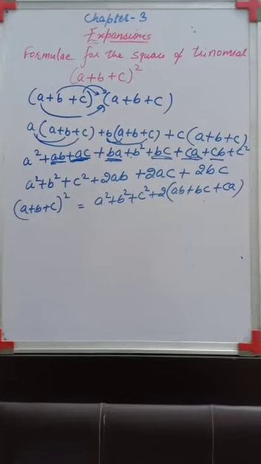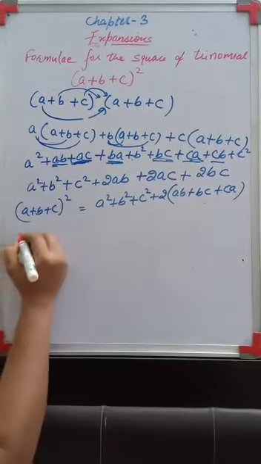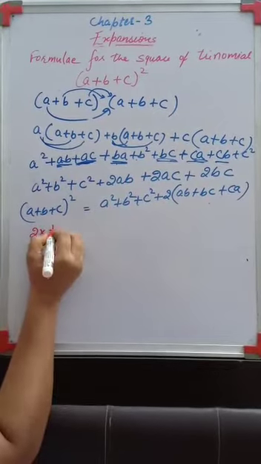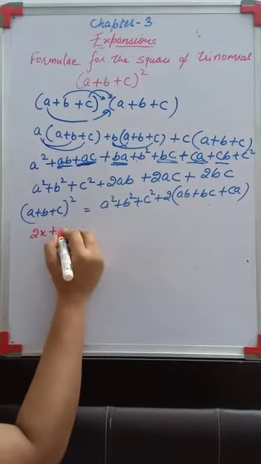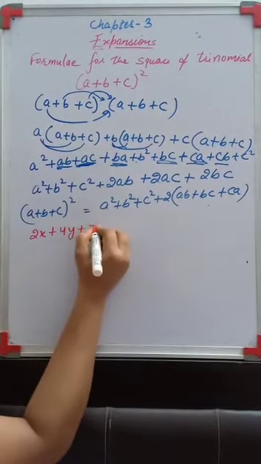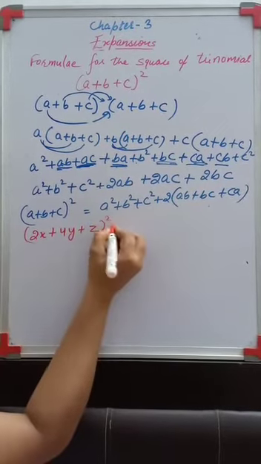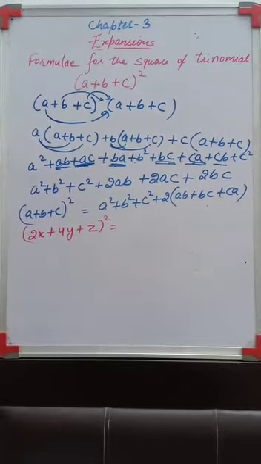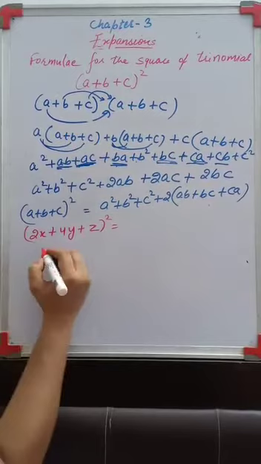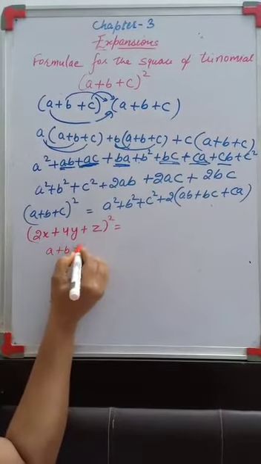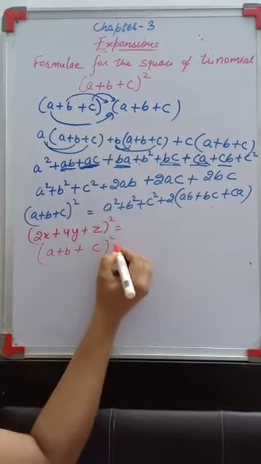For example, if I am having the question 2x plus 4y plus z whole square, I want to calculate the square of this. So what I will do, just write the formula. A plus B plus C whole square is what?